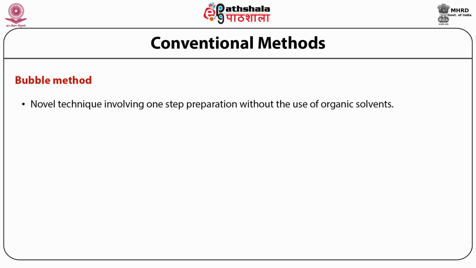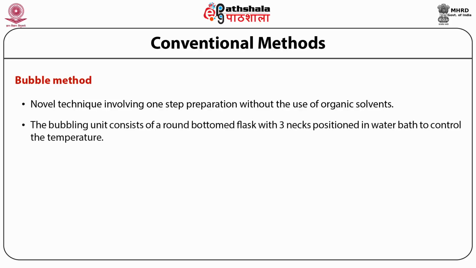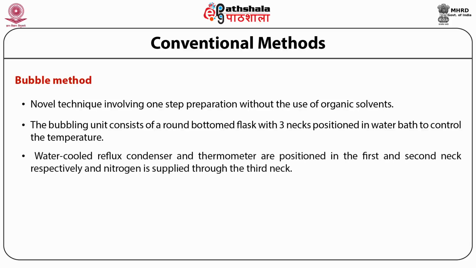Bubble method. It is a novel technique involving one-step preparation without the use of organic solvents like ether or chloroform. The bubbling unit consists of a round bottom flask with three necks positioned in a water bath to control the temperature. A water-cooled reflux condenser and thermometer are positioned in the first and second necks respectively, while the third neck is supplied with nitrogen.